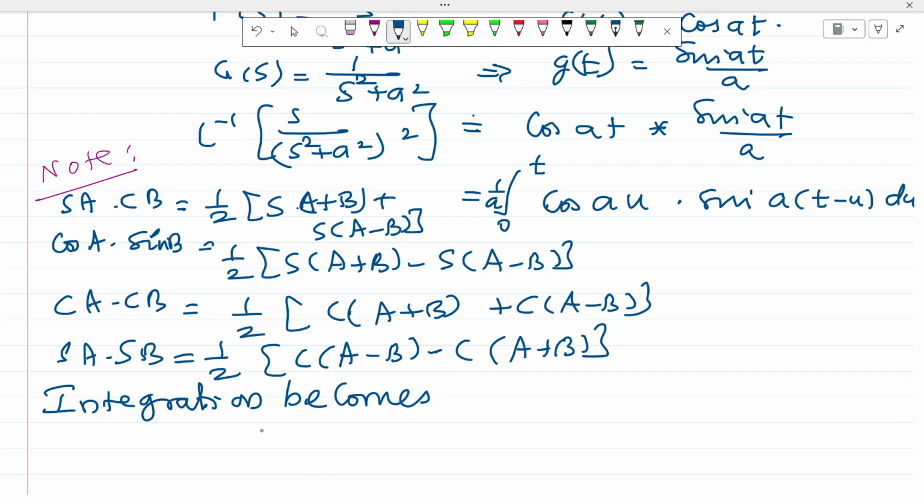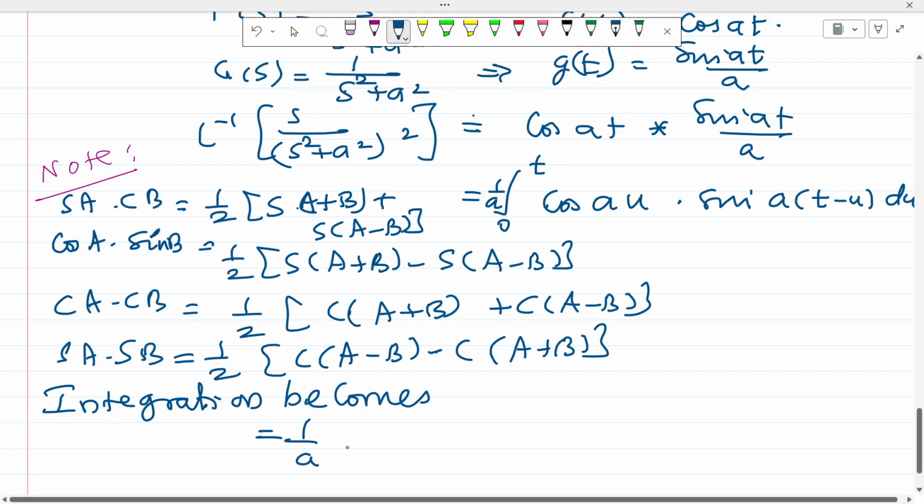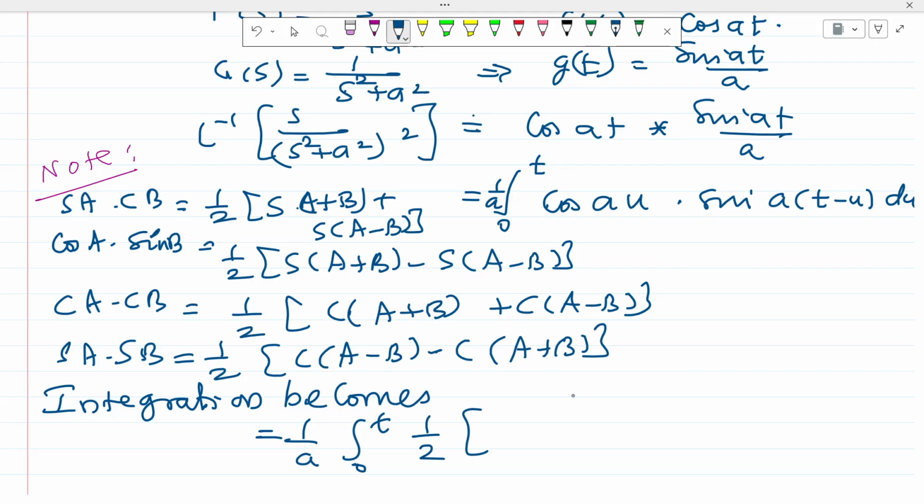Integration becomes 1 by a integral over 0 to t, 1 by 2. Either you can take cos a sin b or sin a cos b, whatever it may be. In case you take cos a sin b, what is a here, what is b here? A is au, b is a into t minus u.